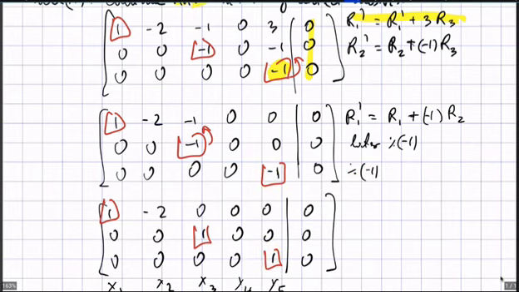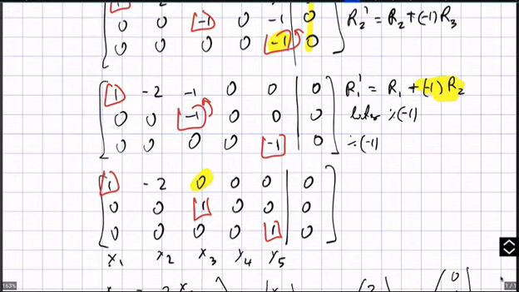Then we continue back to the next pivot, which is in the second row, and we make the entry above it 0. So for that we do row 1 plus minus 1 times row 2 to create 0 there. After that we can also multiply by minus 1 to get 1 in the second row's pivot.